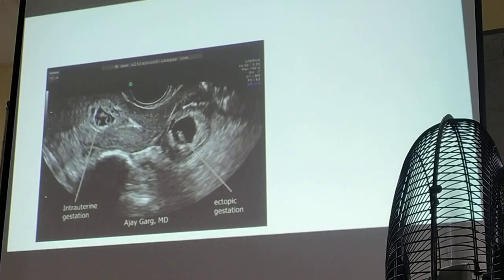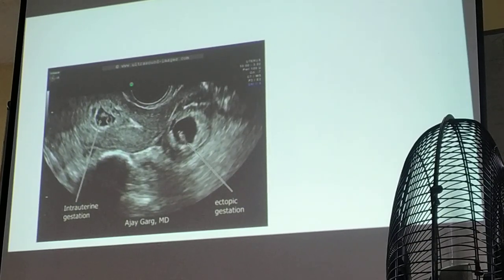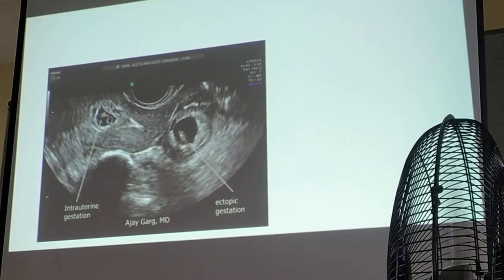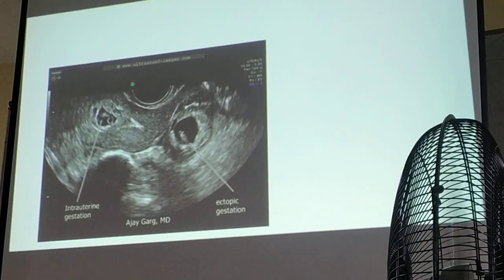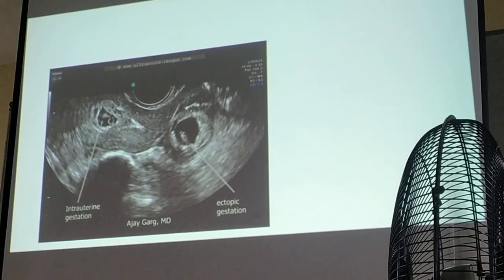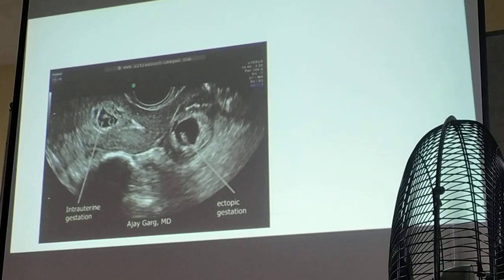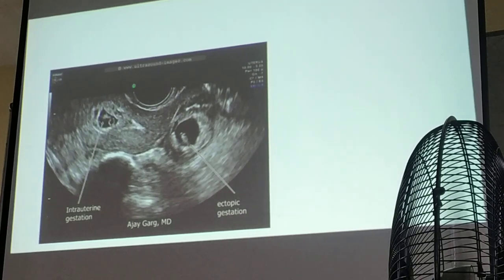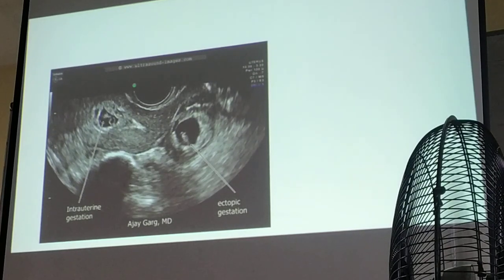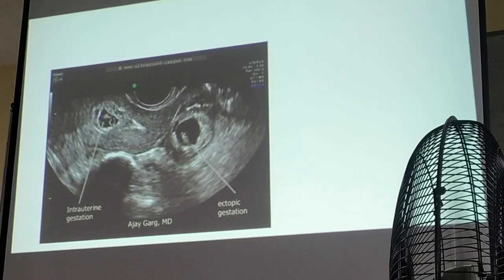So, if you were able to establish this through ultrasound, what would you suggest? Definitely, you're going to terminate the ectopic pregnancy. Okay? You have to open and terminate the ectopic pregnancy.